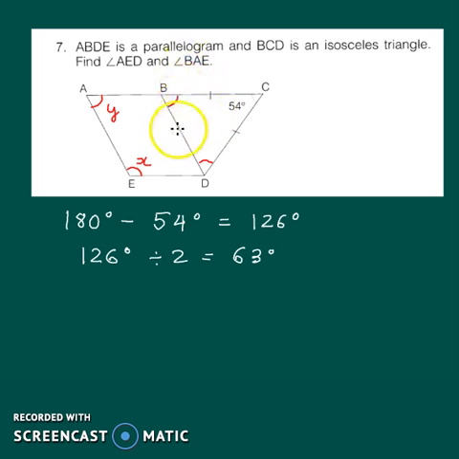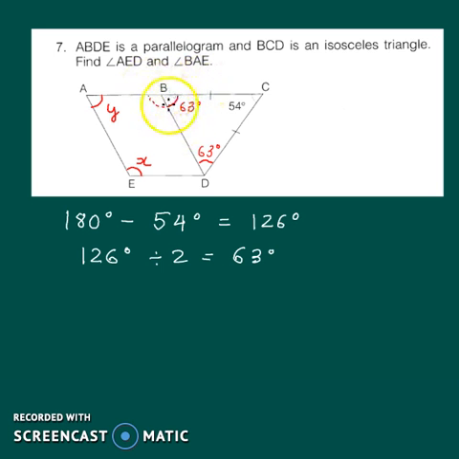So I know that this angle here is 63 degrees, and this angle here is also 63 degrees. Okay, so now I can use this information to find the angles that I need. First of all, if I have a straight line, the total angle on one side of that line is 180.